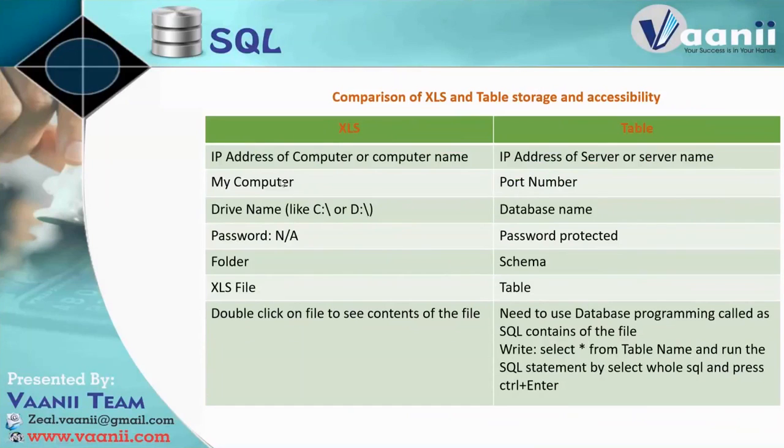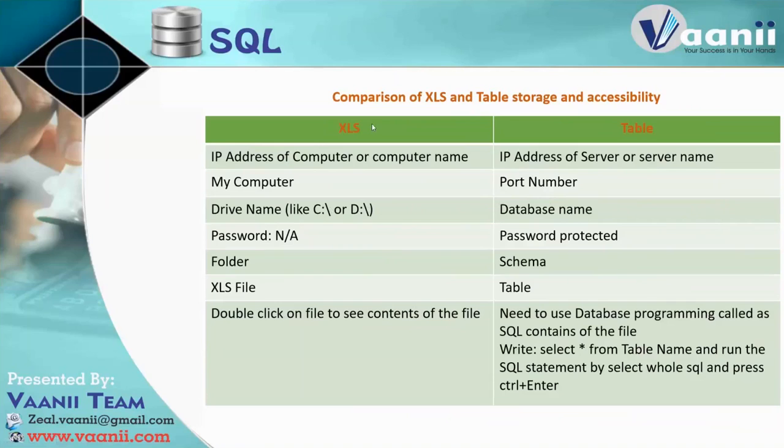In any network, the IP address is supposed to be the same, but 10 computers are connected. So which computer are you going to connect to? The computer name you have to find, right? In the same way, it is the port number for the database. And then the drive name, whether it is in C drive or D drive, that is the database name in a database.